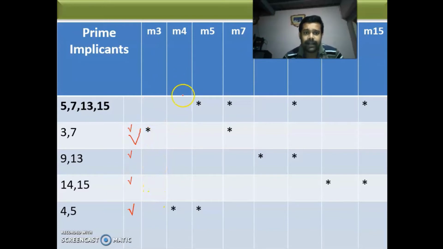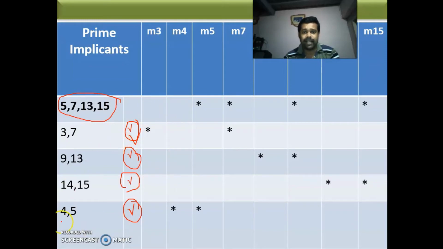Here also only one star, so I have put a tick mark. Here two, here two, here only one, here two, here one, here two. So only 5 7 13 15 is not coming. All the others are coming: 3 7, 9 13, 14 15 and 4 5.